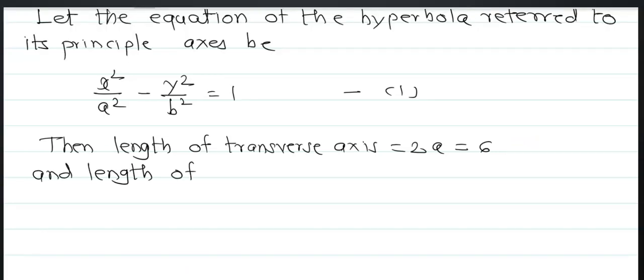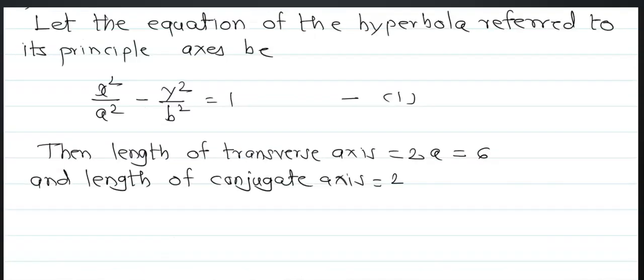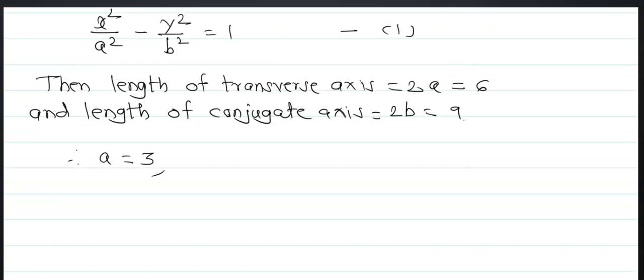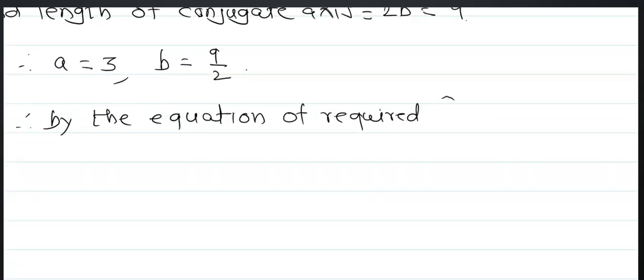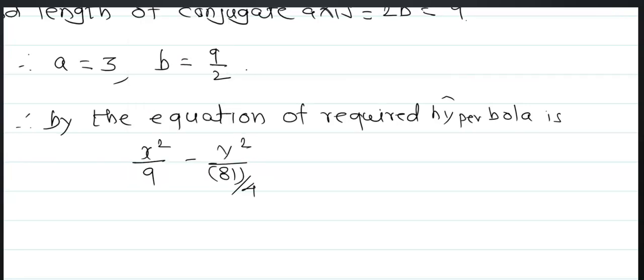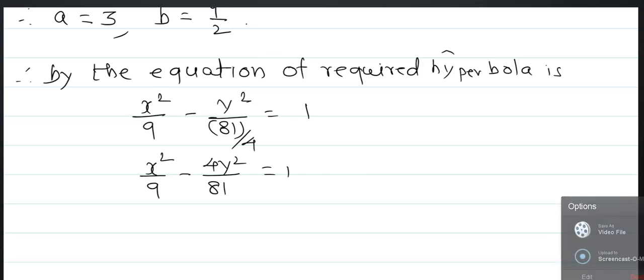Therefore, a equals 3. Length of conjugate axis 2b equals 9, so b equals 9 upon 2. Therefore, the equation of the required hyperbola is x square upon 9 minus y square upon 81 upon 4 equals 1, that is x square upon 9 minus 4y square upon 81 equals 1.